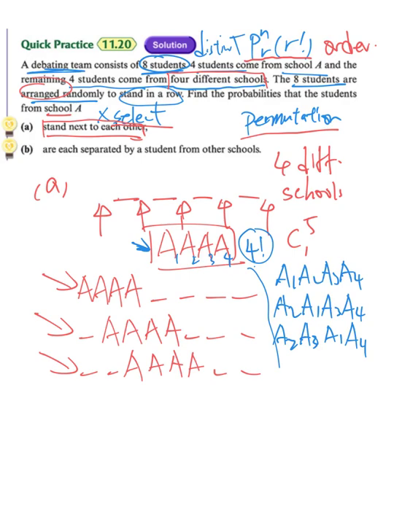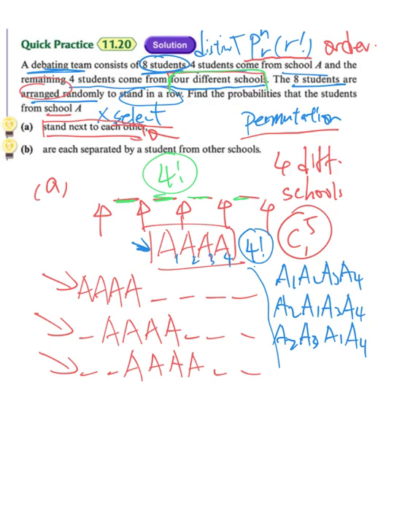Also for the 4 students from different schools, they have a similar concept. That means you also need to arrange them randomly. So that's why we have 3 mechanisms that we need to consider when we arrange them in order to ensure that the students in school A are standing next to each other.